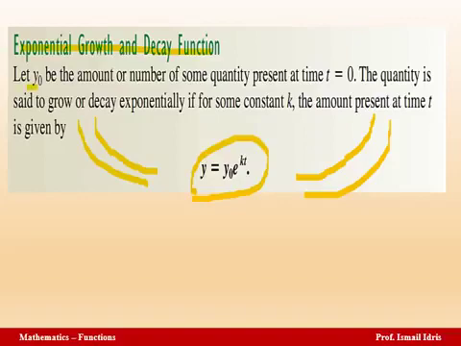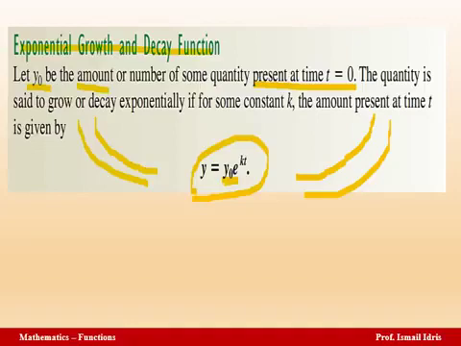What is y naught? Y naught is the amount or quantity or the number of the population, for example, present at time t equals 0. So y naught here, it's like y0. That means the amount at time 0, the amount at the beginning, the initial amount.